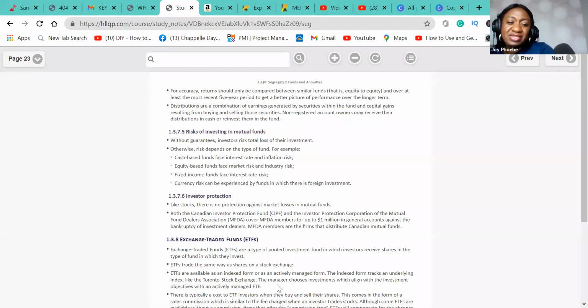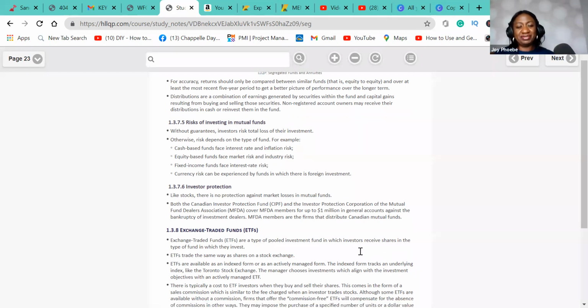Currency risk can be experienced by funds in which there are foreign investments. Investor protection. Is there any investor protection? Well, like stocks, there is no protection against market losses in mutual funds. Okay, we're moving on.